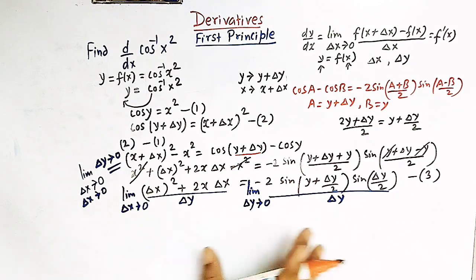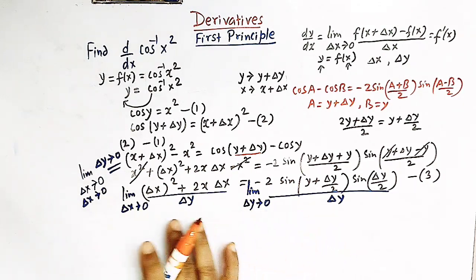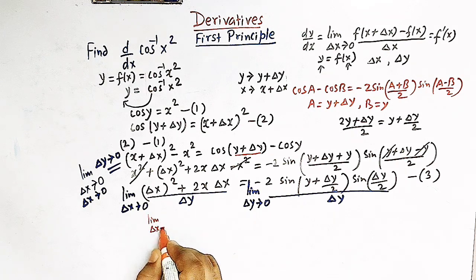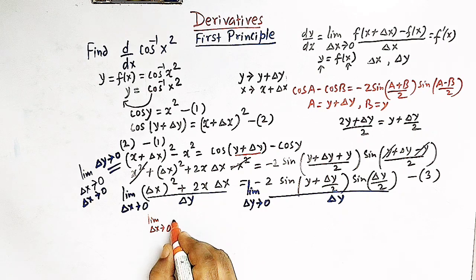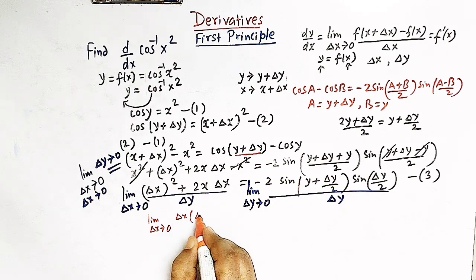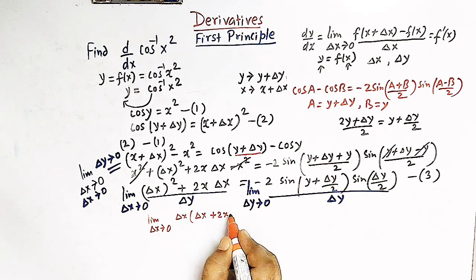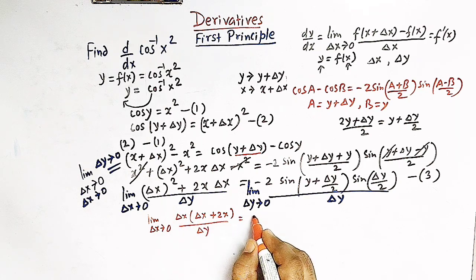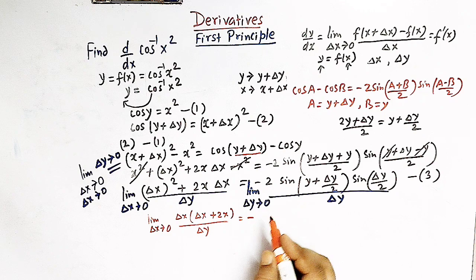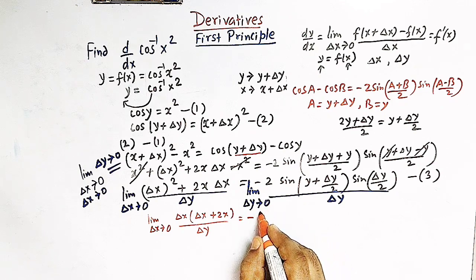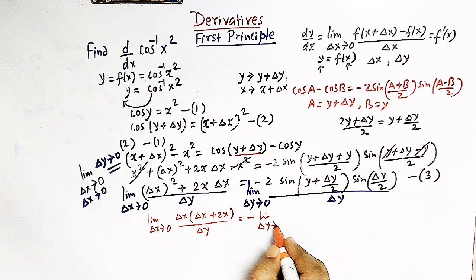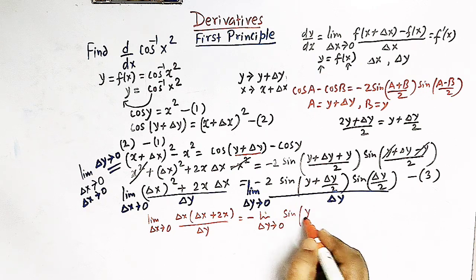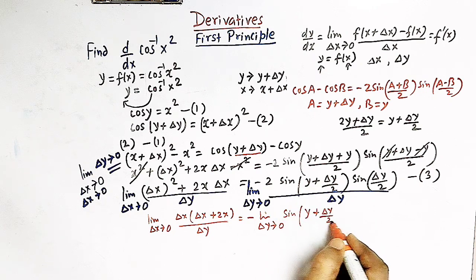So now let us further simplify both these sides. We can now write limit delta x tends to 0, and we can take delta x common. So we have delta x plus 2x, and in the denominator we have delta y, and here we have minus this negative sign, and we can now write a limit delta y tends to 0. So first we'll write sine of y plus delta y over 2.